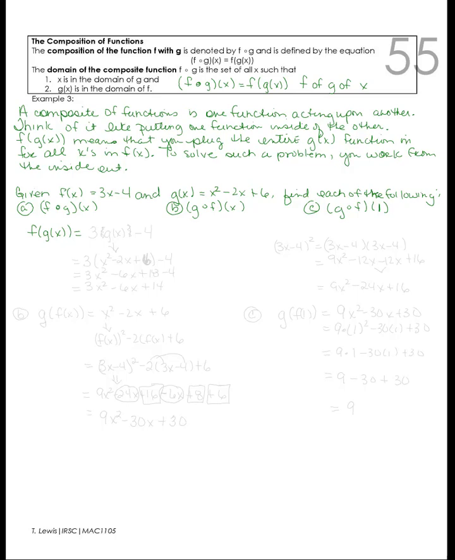We're going to take this function g of x, and wherever we see x in the function f of x, we're going to plug in that expression. So f of x is 3x minus 4. Where we see x, we're going to plug in g of x.